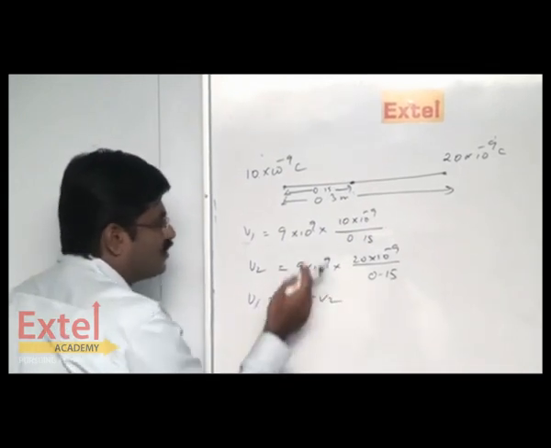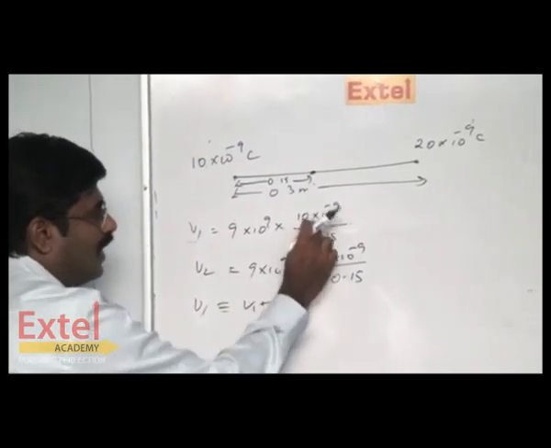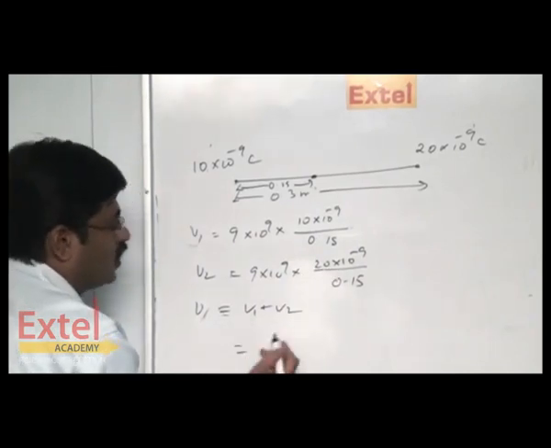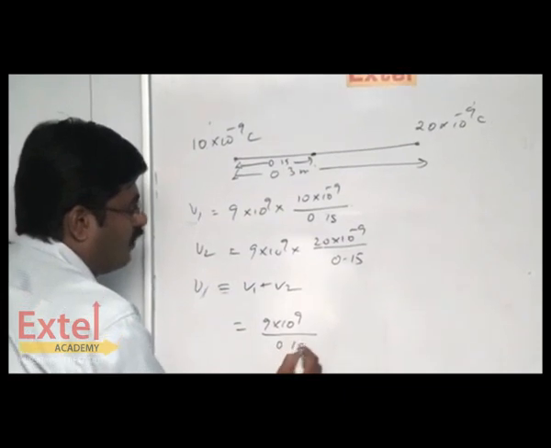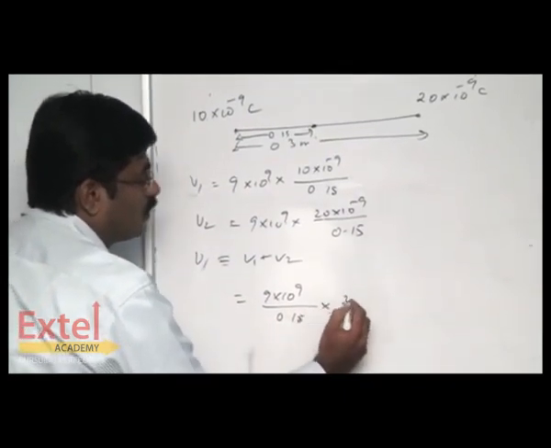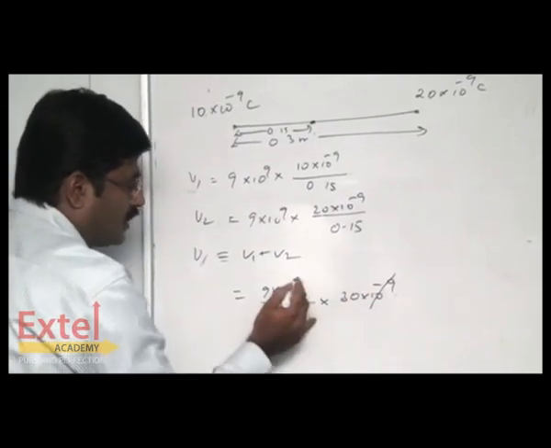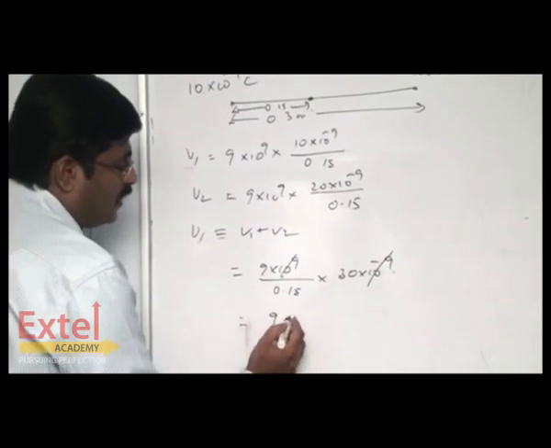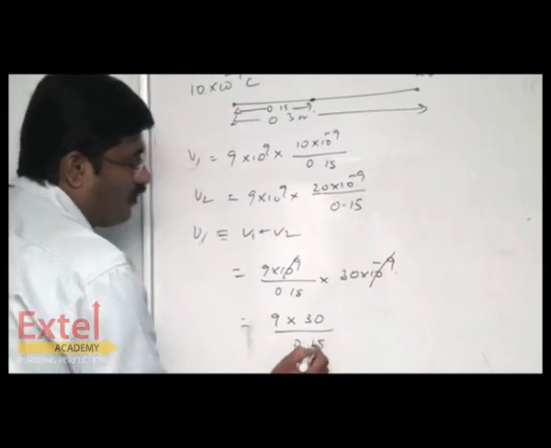Now look at that. What things are constant? 9 into 10 to the power 9, and 0.15 is constant. When you add 10 and 20, you get 30. So V is equal to 9 into 10 to the power 9 by 0.15 into 30 into 10 to the power minus 9. I am going to cancel: plus 9 minus 9, so it is 9 into 30 by 0.15.